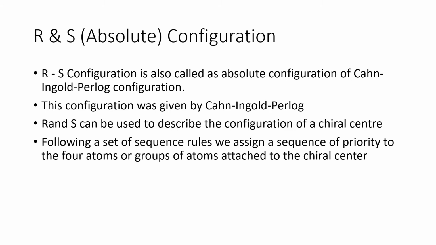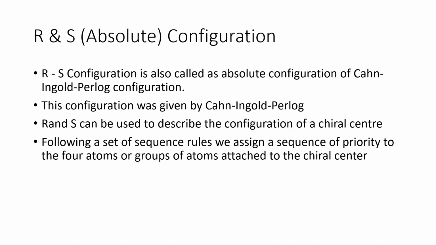This is approved by IUPAC, which is an international standard. So internationally it is an approved one. Therefore, we use this configuration widely for giving a name to a molecule which has a stereogenic center.